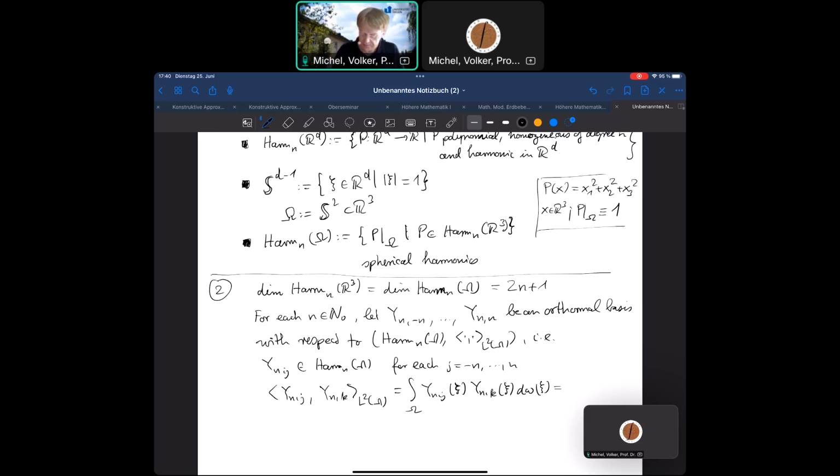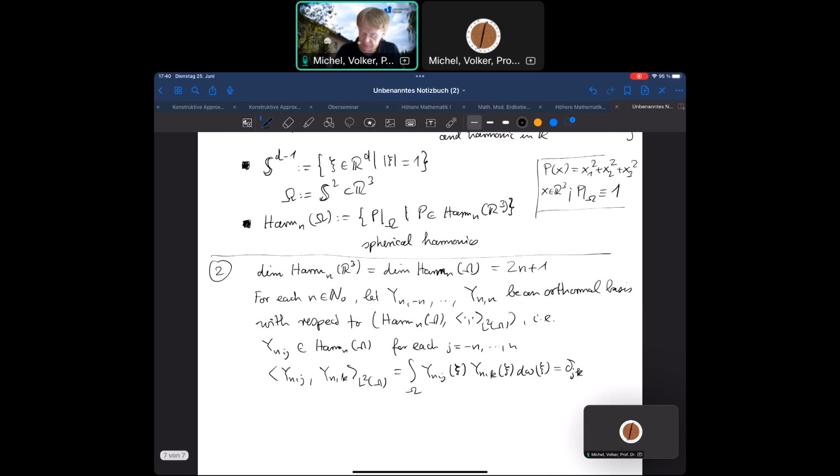So this is usually abbreviated with the Kronecker delta. In case you don't know what the Kronecker delta is, this is 1 if j equals k and 0 if j is not k. So if the indices are the same, you get 1. If they're different, you get 0. So certainly we need these functions to be in Harm(n). So we do that for every n.